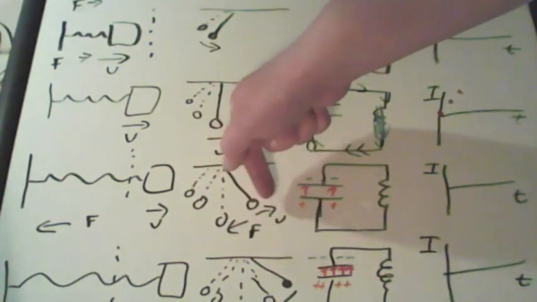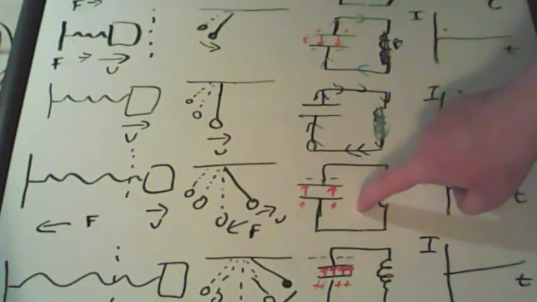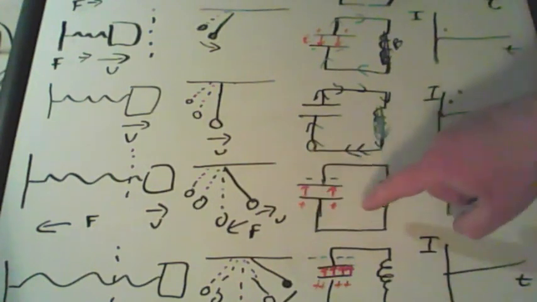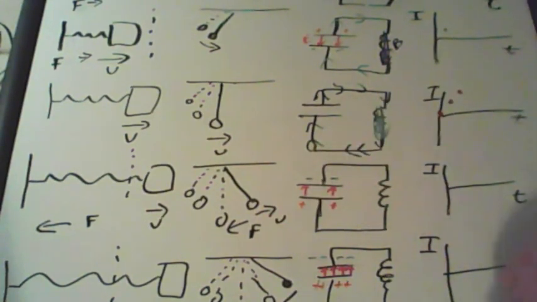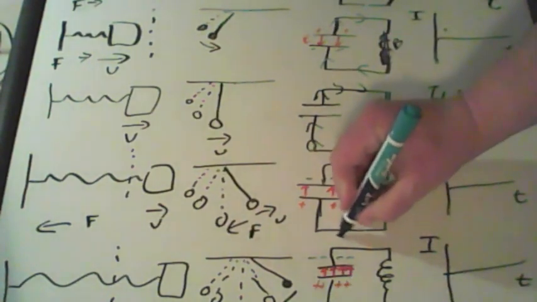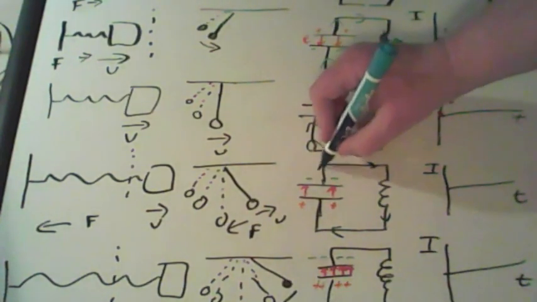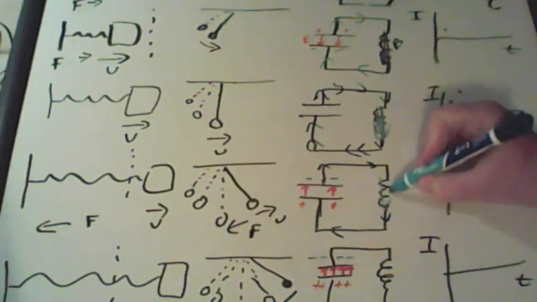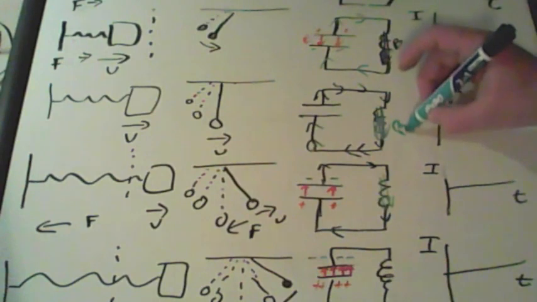Momentum keeps pulling it up, but force is pulling it back down. In the case of the RLC circuit, the inductor works to recharge the capacitor, but to charge it in the other direction. So you'll build up positive charge on one side, negative charge on the other side, and as this happens, the current will still flow, but it'll be decreasing. And so you still have some magnetic field, but not quite as much as what you had before.